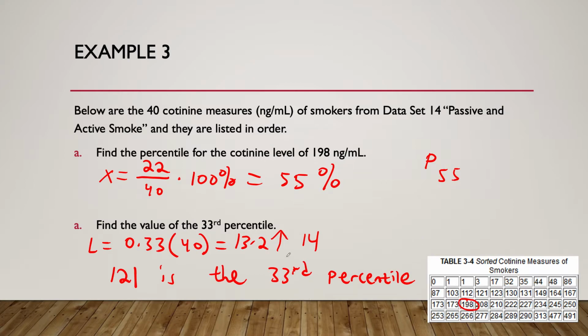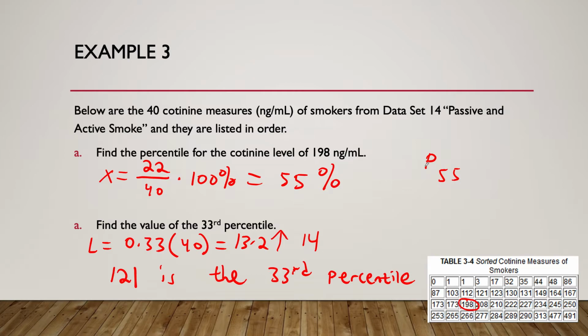I have circled 198 in this table, and there are a total of 22 values below it. So 22 divided by 40 times 100% gives 55%. So this particular percentile is P sub 55.